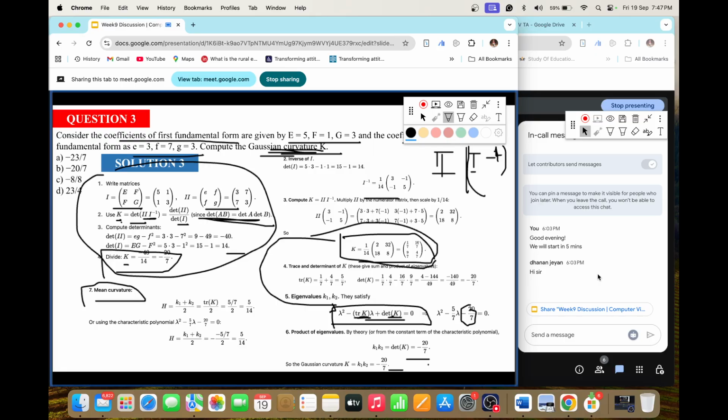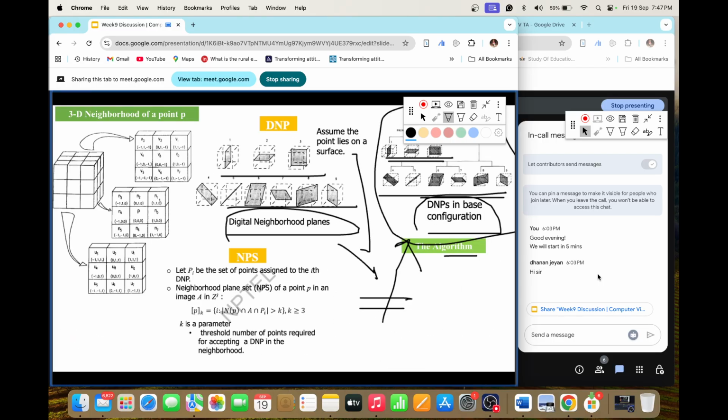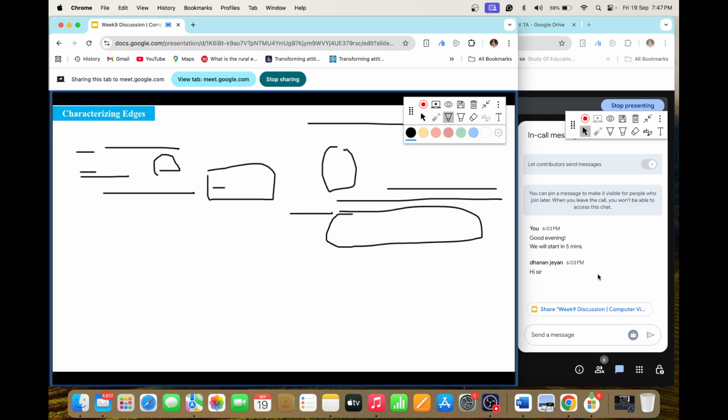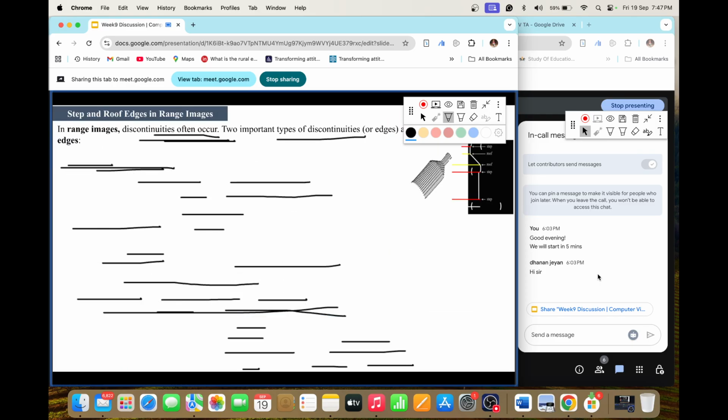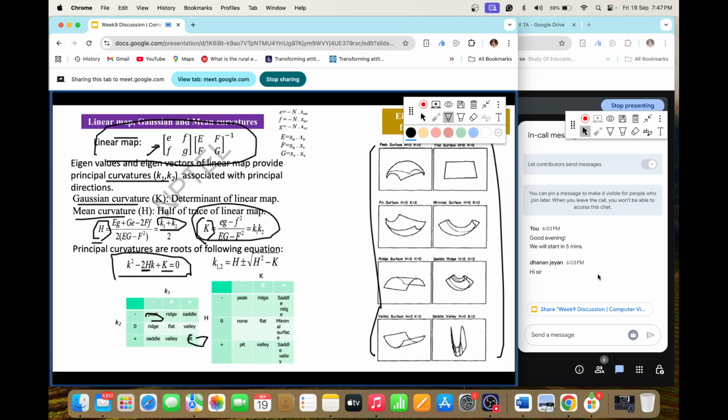If you cannot, I have already shown you the mean curvature formula also, I think. Yeah, this is the formula for your mean curvature. This is the formula of Gaussian curvature. So if you can memorize this, it is good.